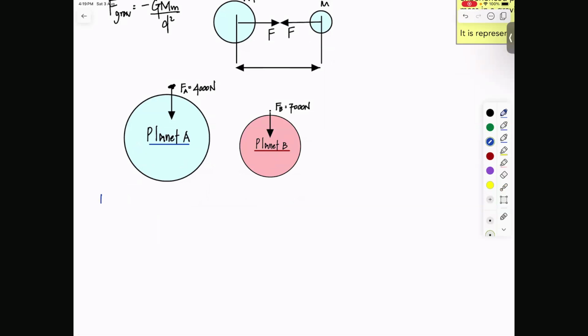So using what value here? Using the force value, using the value for just F, we cannot determine the strength of the planet's gravitational field.